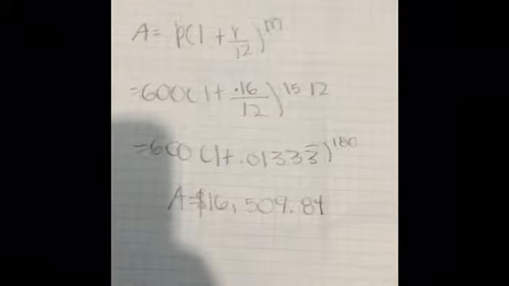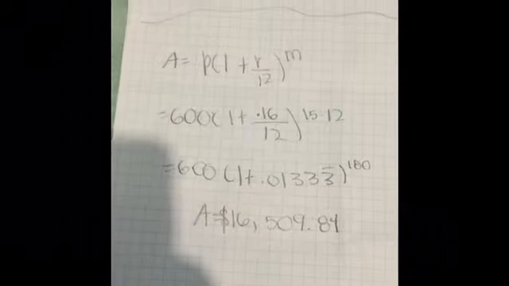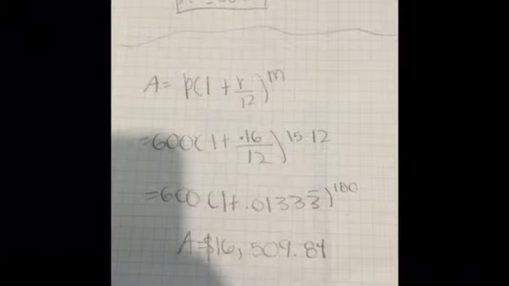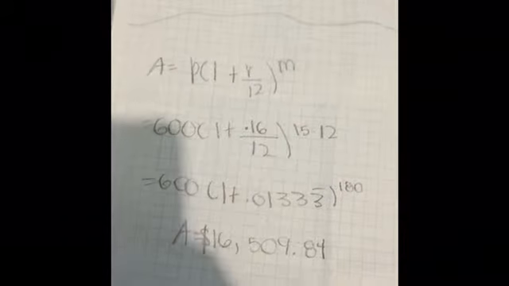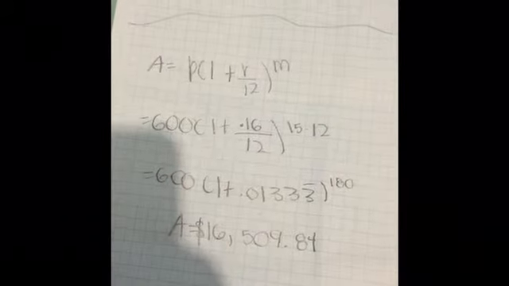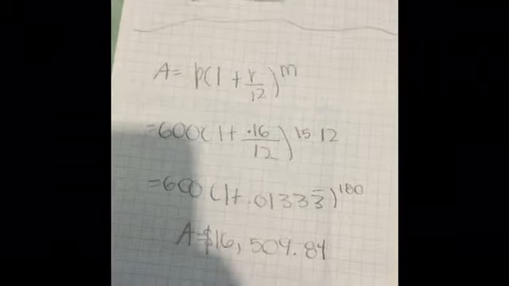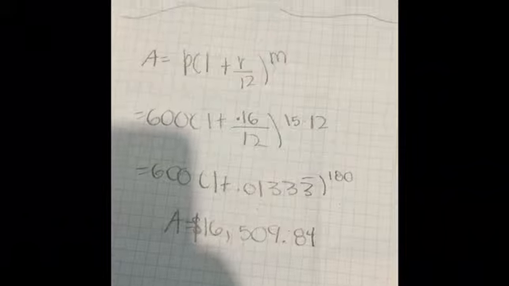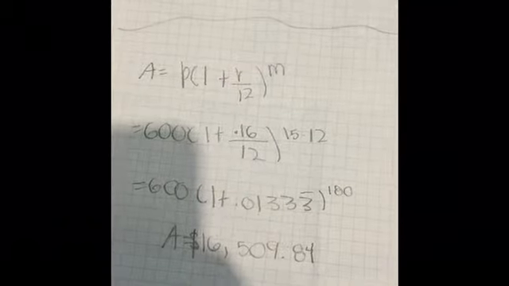Okay, so you're going to start off with this equation, which is A equals P times (1 plus r over 12) to the power of m. For P, you're going to plug in 600 because that's the total amount they're charging you. Then you have parentheses 1 plus 0.16 over 12. You have 0.16 because 16% is the APR interest, but you turn it into a decimal, which is 0.16.